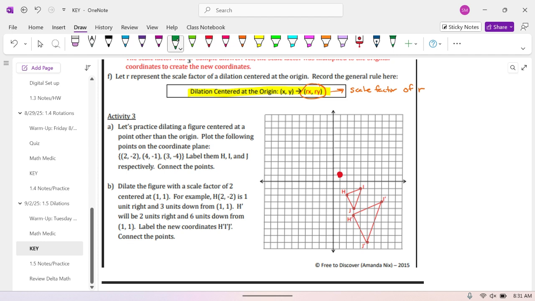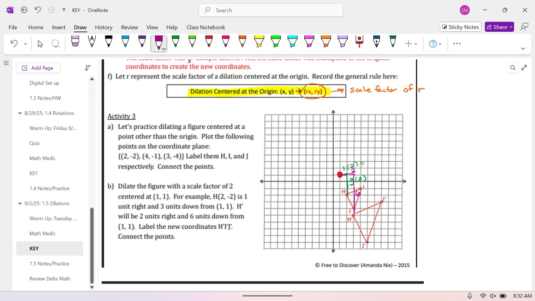So, for example, with H, it's 1 to the right, 3 down. It's a proportion. So that means we multiply those proportions by 2. So that means our new point, or H prime, has to be 2 to the right and 6 down.